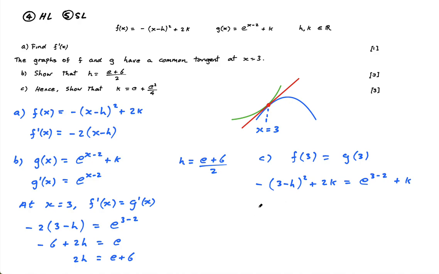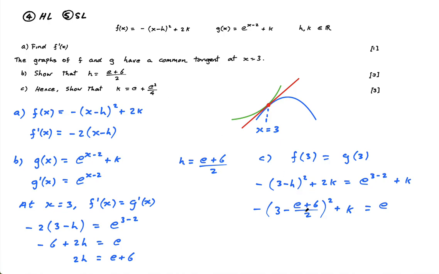Okay, let me think how I'm going to do this. Okay, I'll do minus, and then 3 minus h. So 3 minus h is (e plus 6) over 2, squared, plus 2k. So I'm actually going to do the 2k minus this k, which is just k, and that equals e. Okay, so we have our k on the left and we have our e on the right.